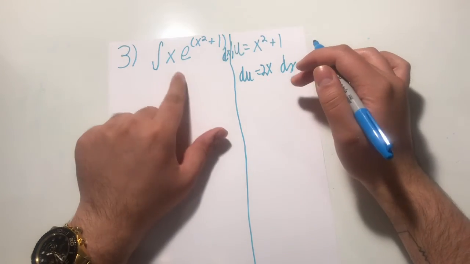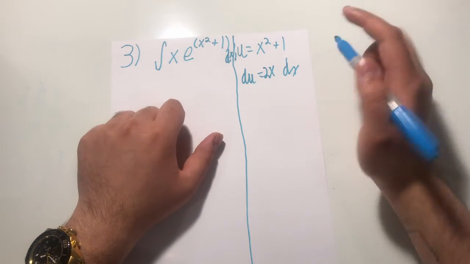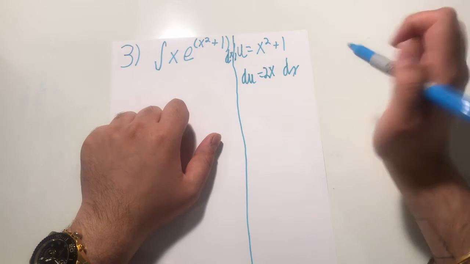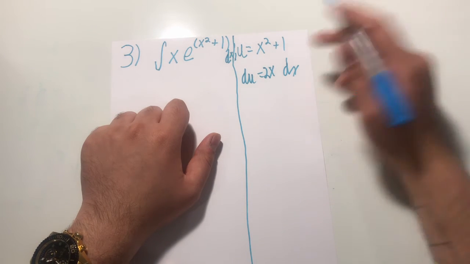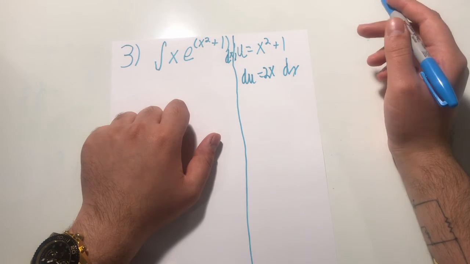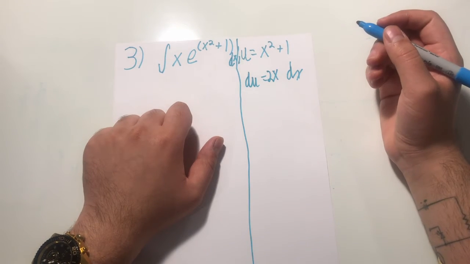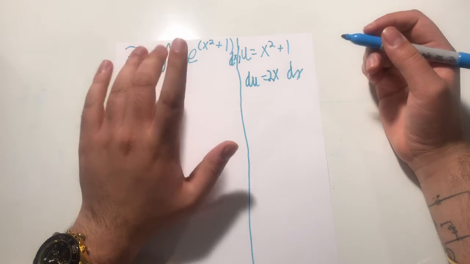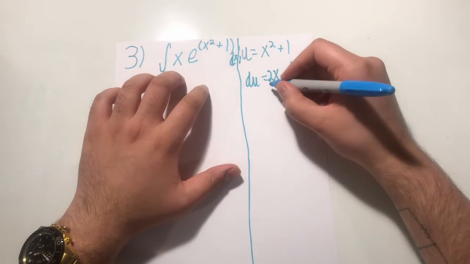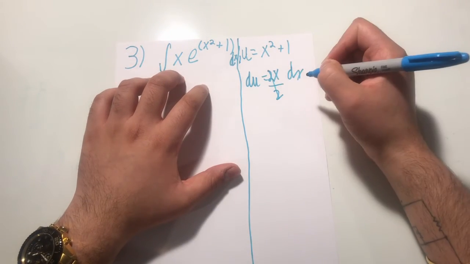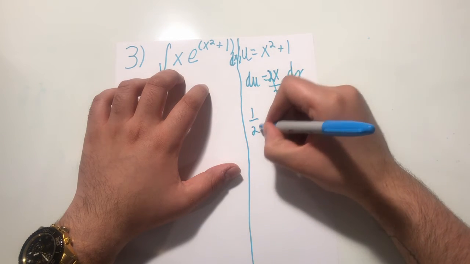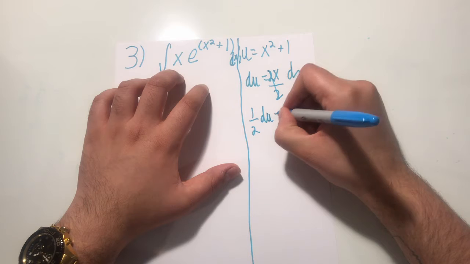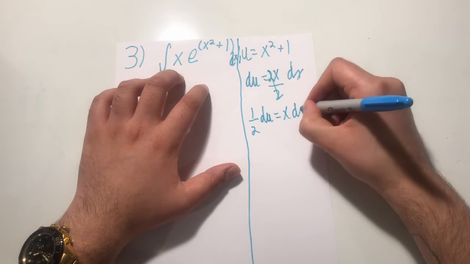What we have left isn't a 2x, it's an x. So how do we get this side to somehow become just x? Well, we have to get rid of this 2. How do we do it? Multiply both sides by 1/2, or divide both sides by 2. It's the same thing, just a difference in the way you say it. So what we have left is 1/2 du is equal to x dx.